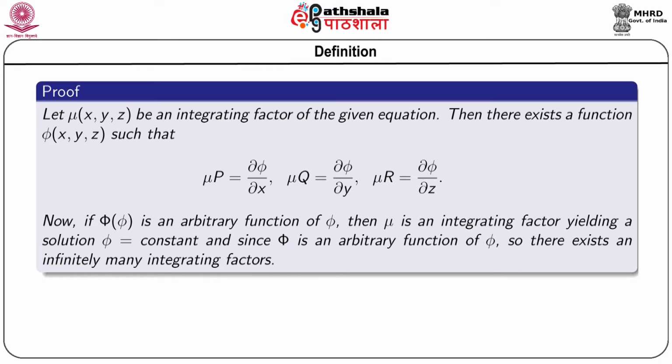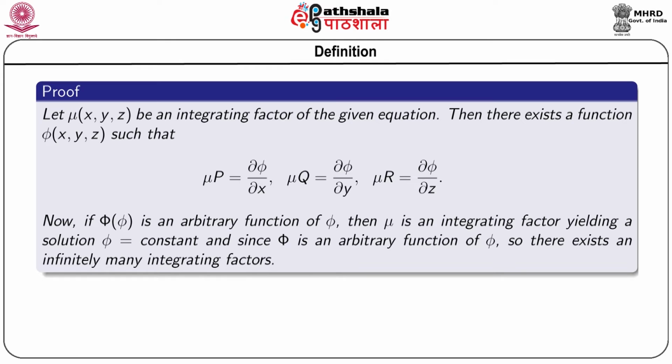So, let mu be our integrating factor. If we multiply this equation by mu, then we can write mu P = ∂phi/∂x, mu Q = ∂phi/∂y, and the equation becomes in this form.